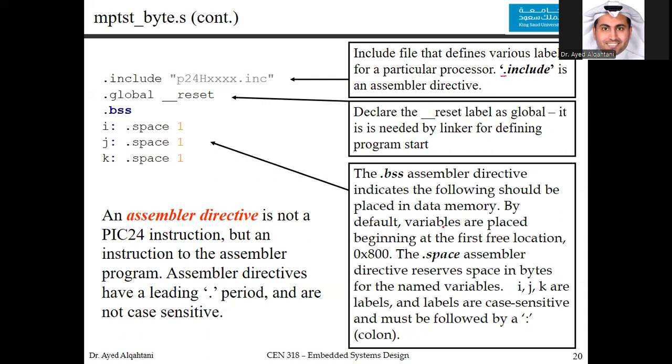And you can see here that we defined spaces for I, J, and K. To define a space, you write the label followed by a column, then dot space, and then you write down the space length. So for a byte, we have 1 byte for I, 1 byte for J, and 1 byte for K.